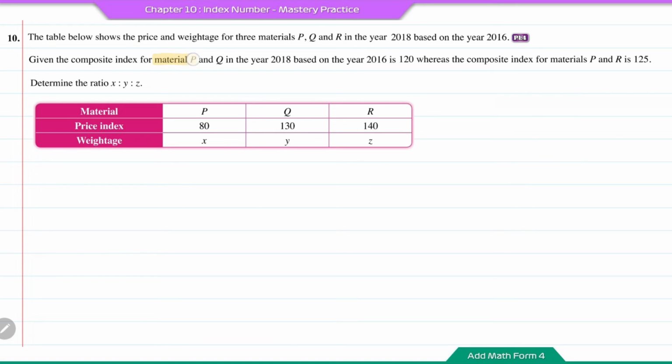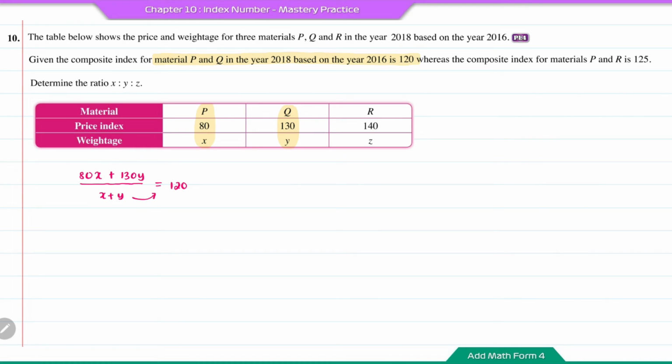First, based on this information, to get the composite index of 120, we're going to refer to the information for P and Q here. So 80 times X, which is 80X, plus 130 times Y, which is 130Y, over the total weightage for P and Q, which is X plus Y, will give us the answer of 120.